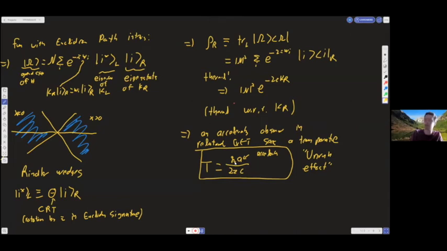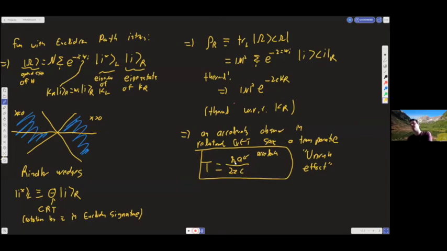Other questions? So you conclude that we have thermalization because you have something like Boltzmann factors, right? That's right, yeah.